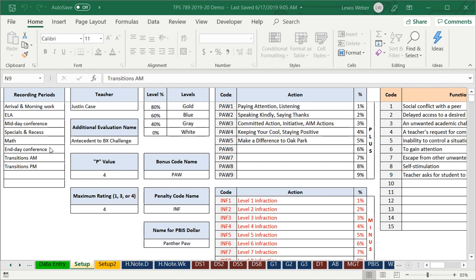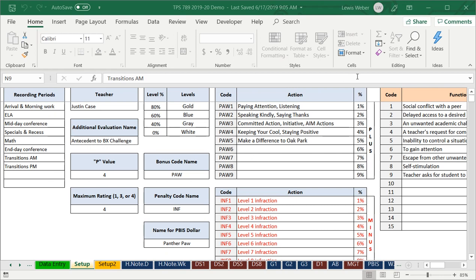And one can only be responsible when one is informed. And that's one way of informing the student, as opposed to at the end of the day saying, here's how you did. We want to be able to have this midday conference. And we're also going to be recording transitions in the morning and in the afternoon. So I just wanted to point that out.